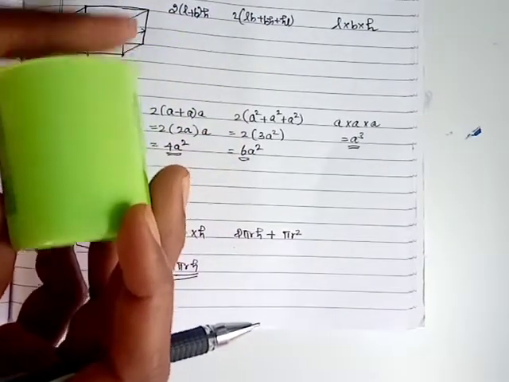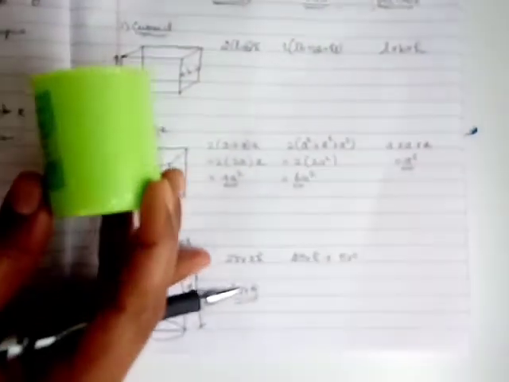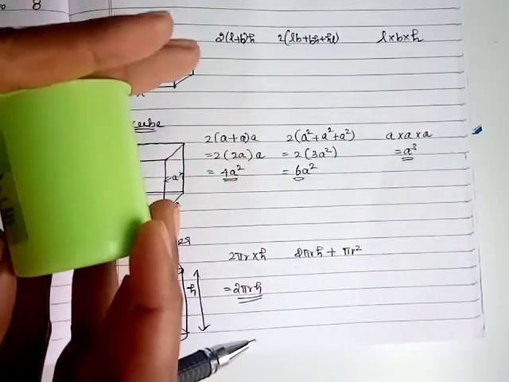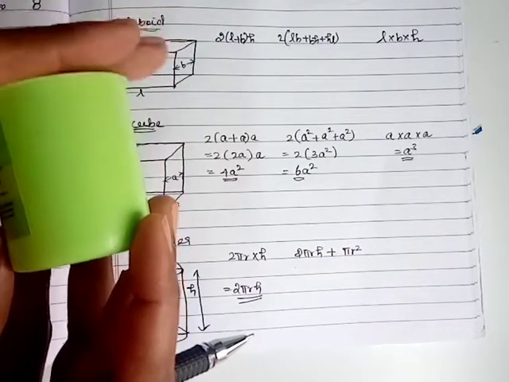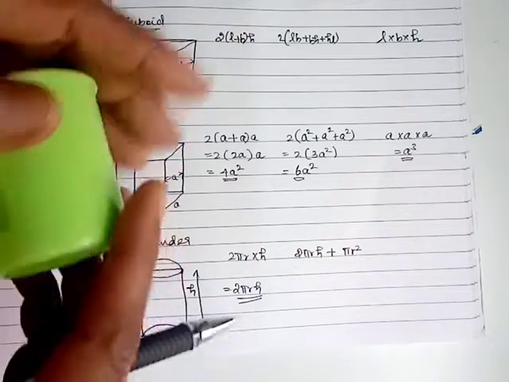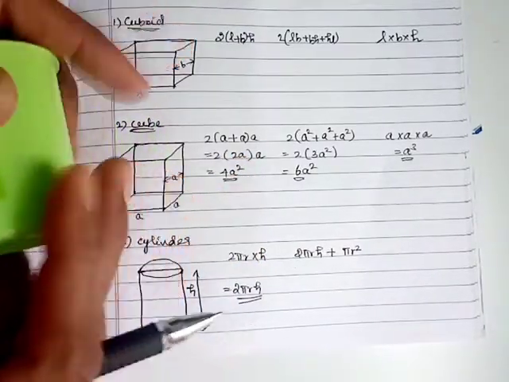We have two circles, on top and bottom. This is hollow, but if it is closed, this is also surface area, not inside. One curved surface area, two circles on top and bottom, right?